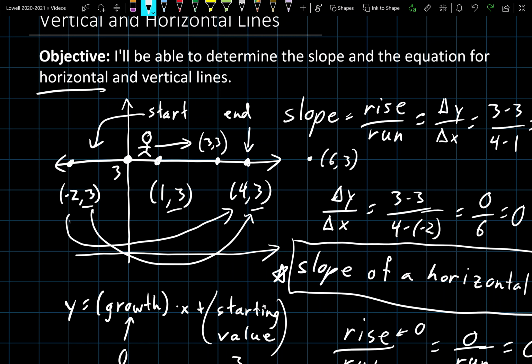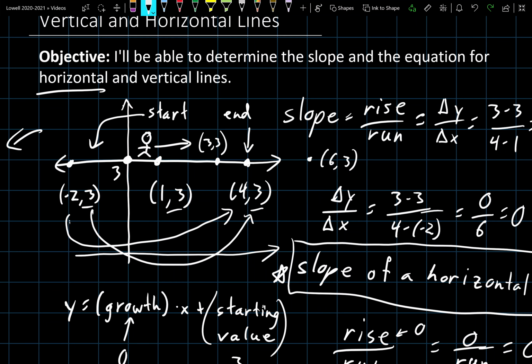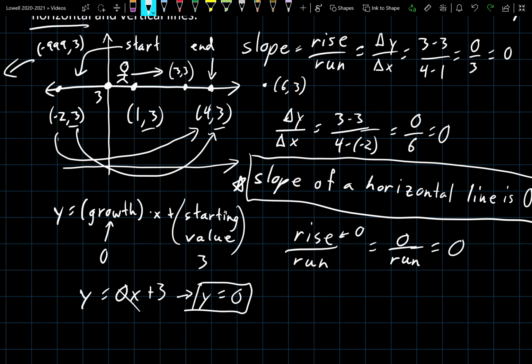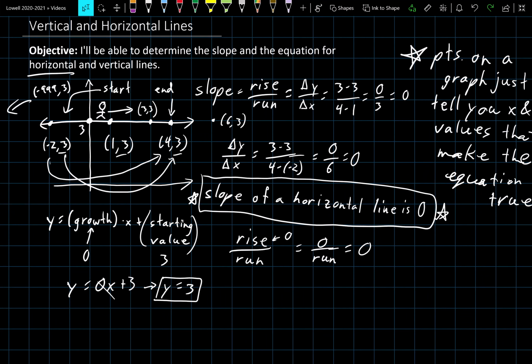So if the x value can be anything, but the y value stays the same, then the only requirement to be on this line is that your y value is 3. Even if I keep going way down there, eventually there's going to be something like (-999, 3). And so that's why, for this graph right here, I said y equals 0. I meant to say y equals 3. I apologize. So that is the equation of a horizontal line.